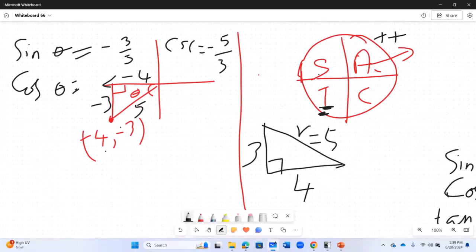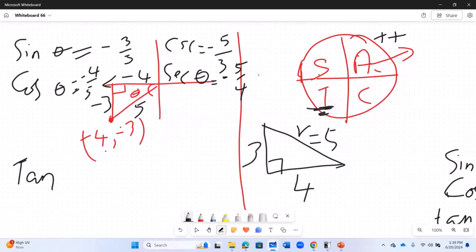So you see, -4/5. Therefore, secant of theta must be negative because it's third quadrant. -5/4.